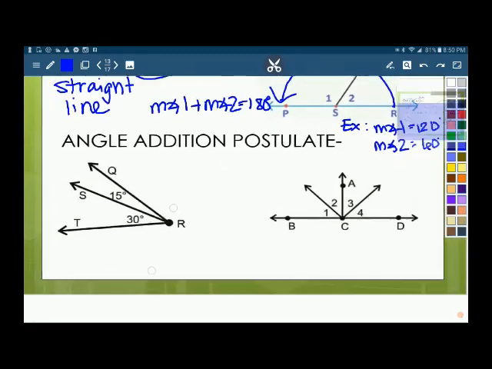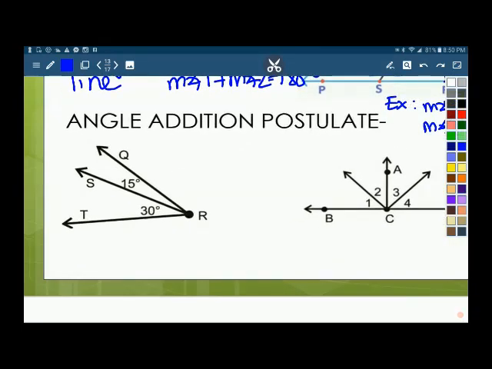So for instance, the diagram I have here with Q, R, S, and T, I can say angle QRS, which I'm going to highlight in blue here, plus angle SRT, okay, so this other smaller angle in there, add those two together, and you're going to get the larger angle on the outside, QRT. Okay, so I'm going to write that down.